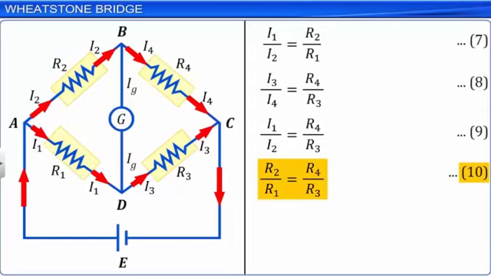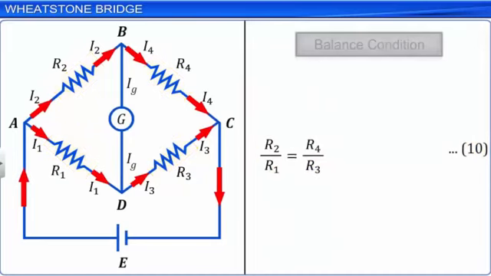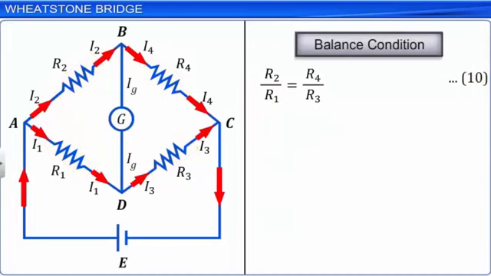The application of this balance condition is a practical method to determine an unknown resistance. Let us assume that R4 is the unknown resistance. R1 and R2 are known resistances. We gradually change the value of R3 till the galvanometer shows null deflection.